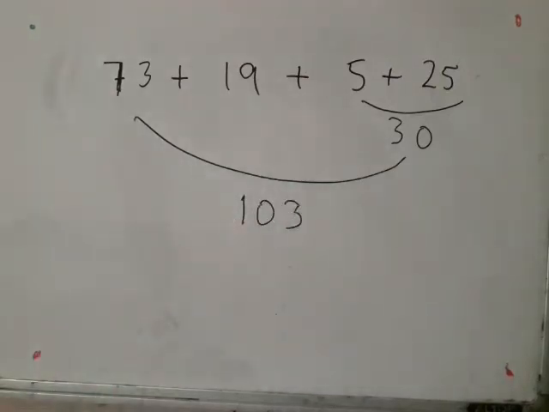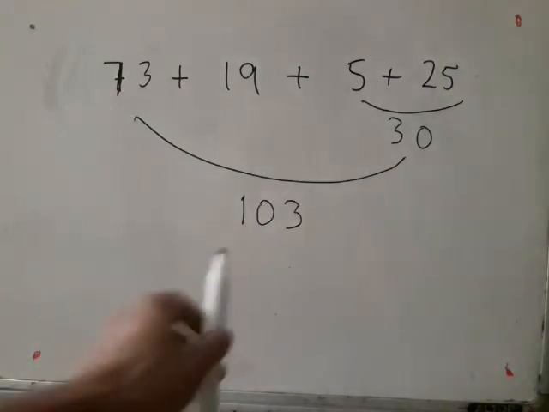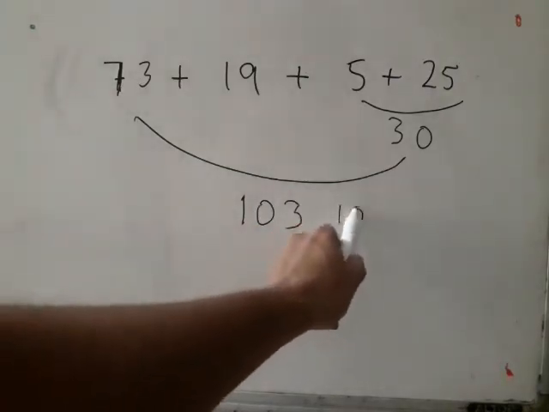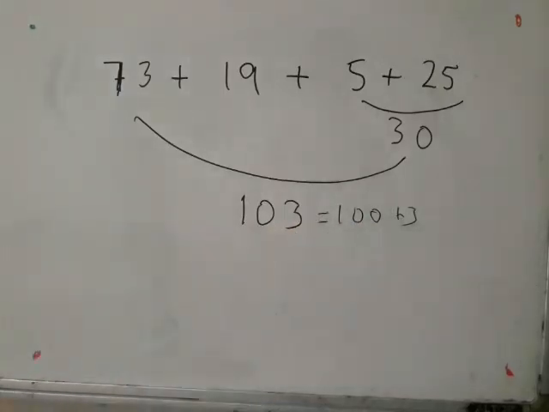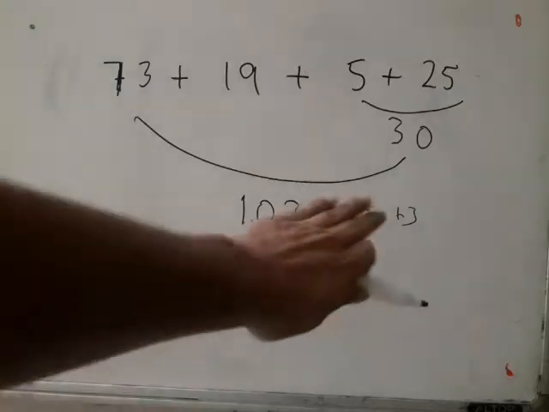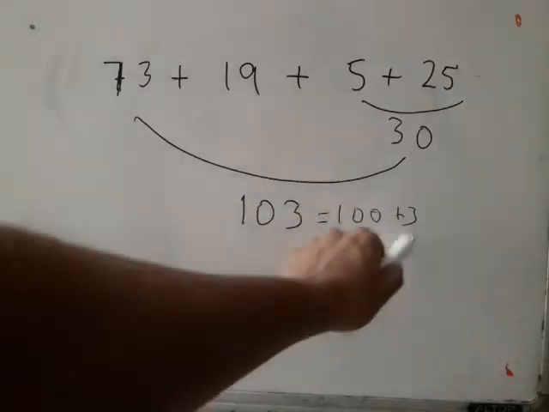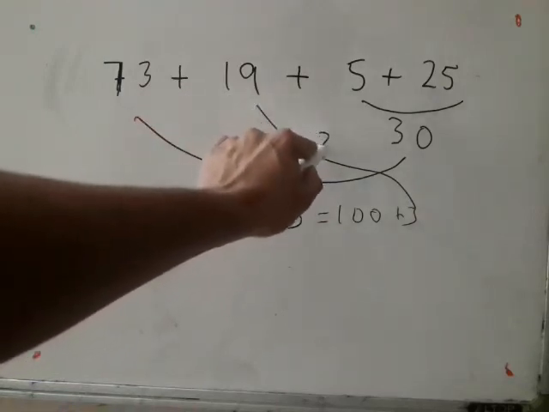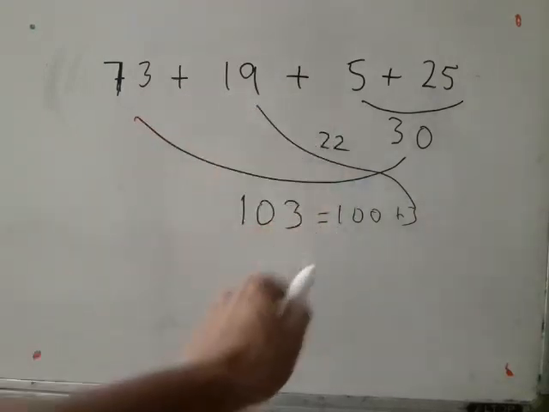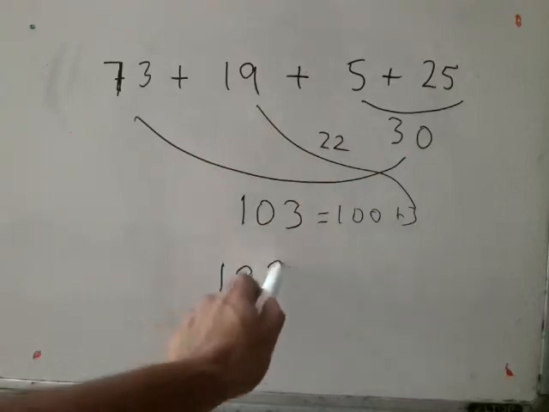This 103 we will split up mentally as 100 plus 3. So you keep the 100 aside. We are always uncomfortable adding large numbers. So we keep that 100 aside, and we add 3 with 19, which is pretty easily done, to get 22. Bring that 100 back and the answer will be 122.